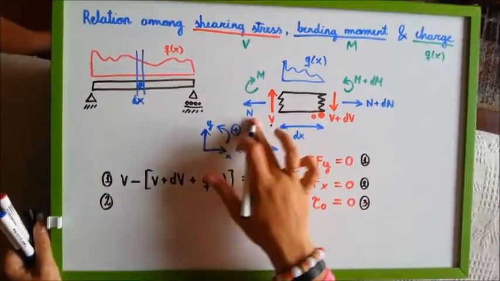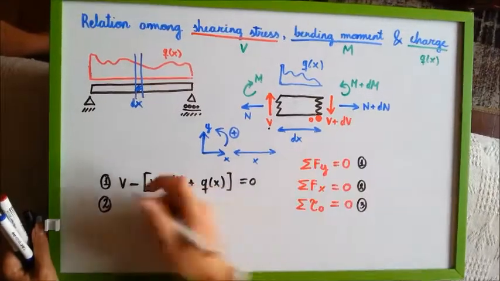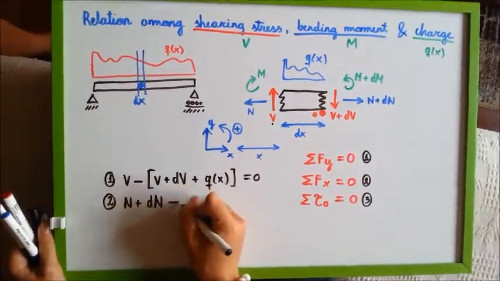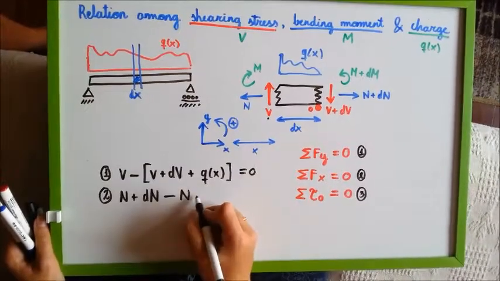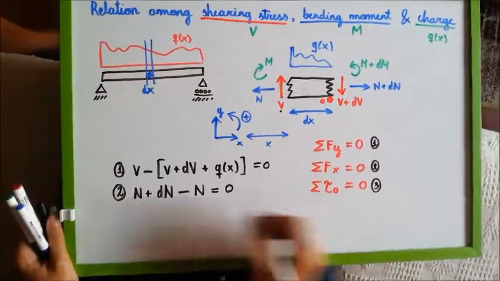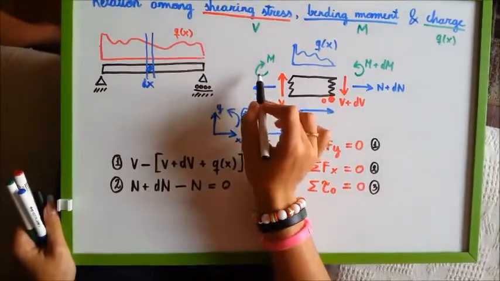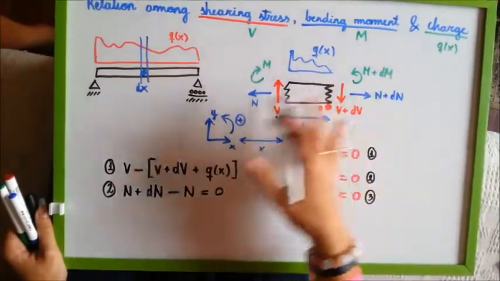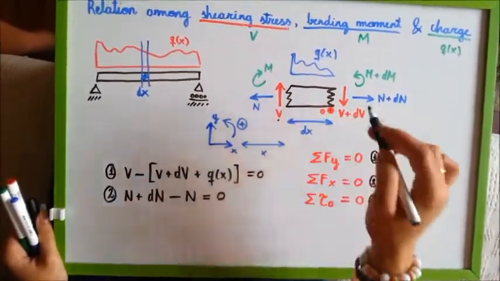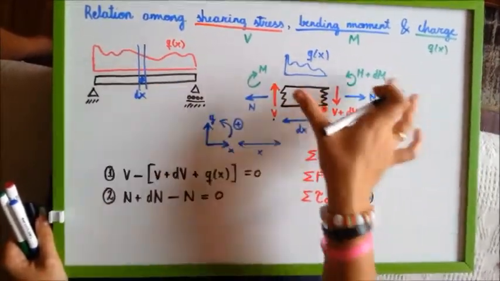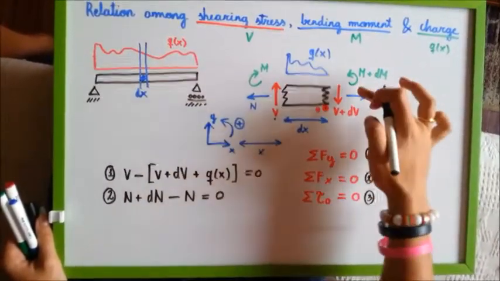N plus dN positive minus N equals 0. Okay, and now the torques. As these are free moments, despite we have chosen this point as our reference for taking the torques, we always have to write this one, whatever they are.